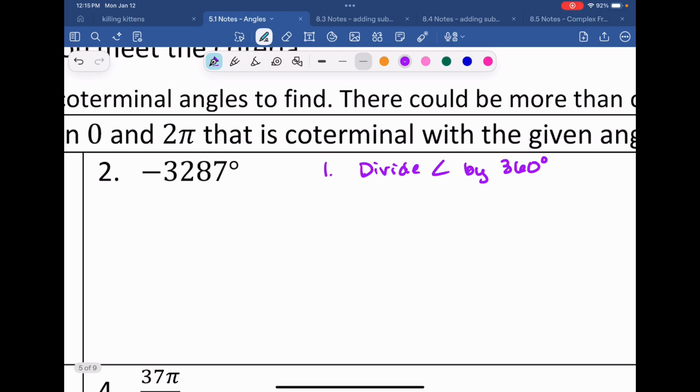Okay, so we get 9.1, give or take. If the angle is negative, round up. So this is going to be 10.